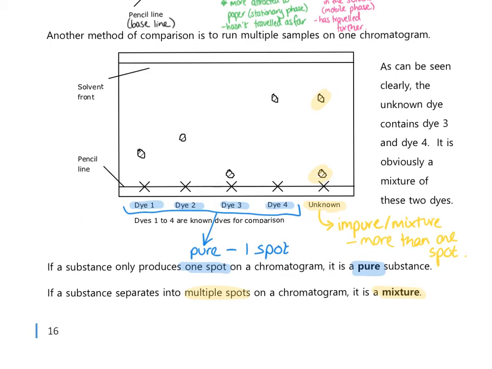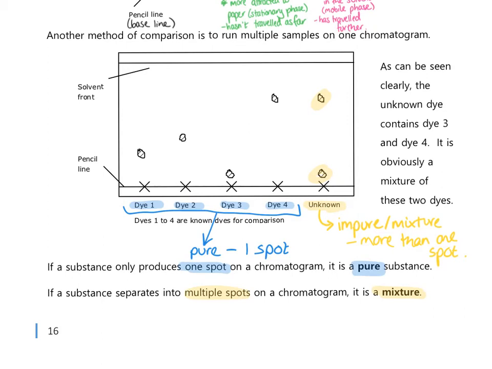So how can I tell from this chromatogram which dyes my unknown mixture contains? Well, I can compare it to the other spots from my dye 1, 2, 3 and 4. Because the spots will have the same RF value if they have been run in the same solvent, and given that this has all been done on the one piece of chromatography paper, it must have been done in the same solvent.